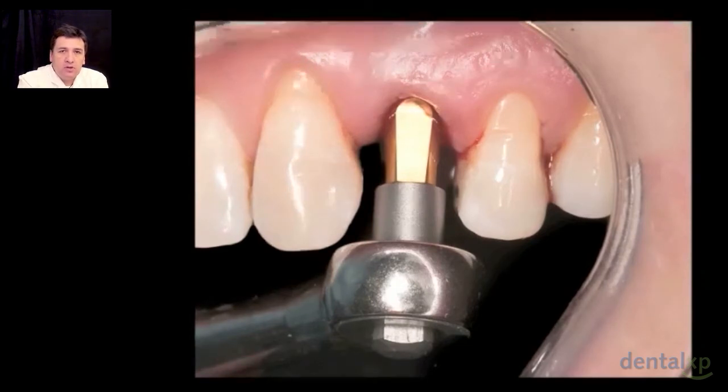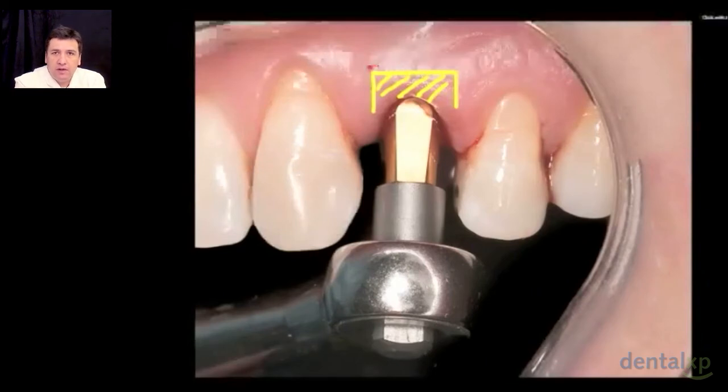So once we finish our implant placement and we are okay with that position and very satisfied, we have to be very careful about the position of the implant in relation to the adjacent teeth, in relation to the length of our abutment, in relation to the bone limit, and in relation, of course, to the implant surface, like we are seeing right now.